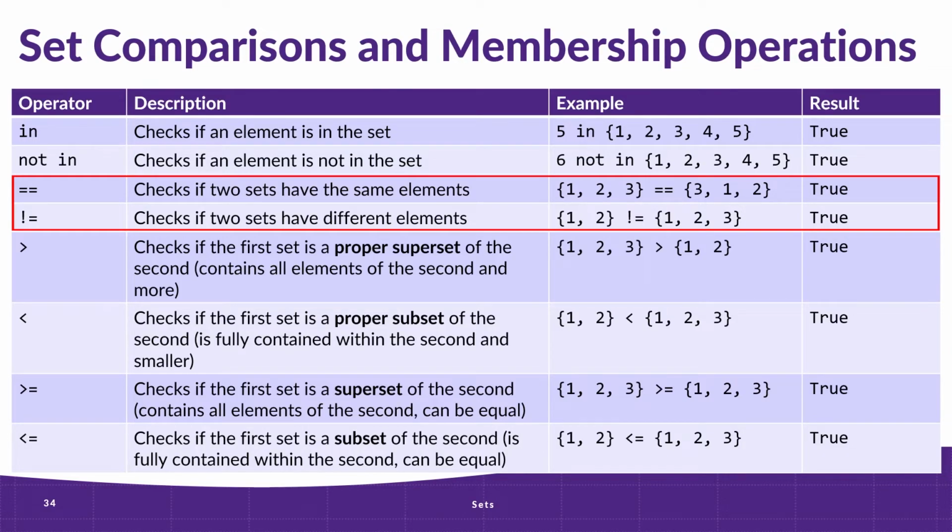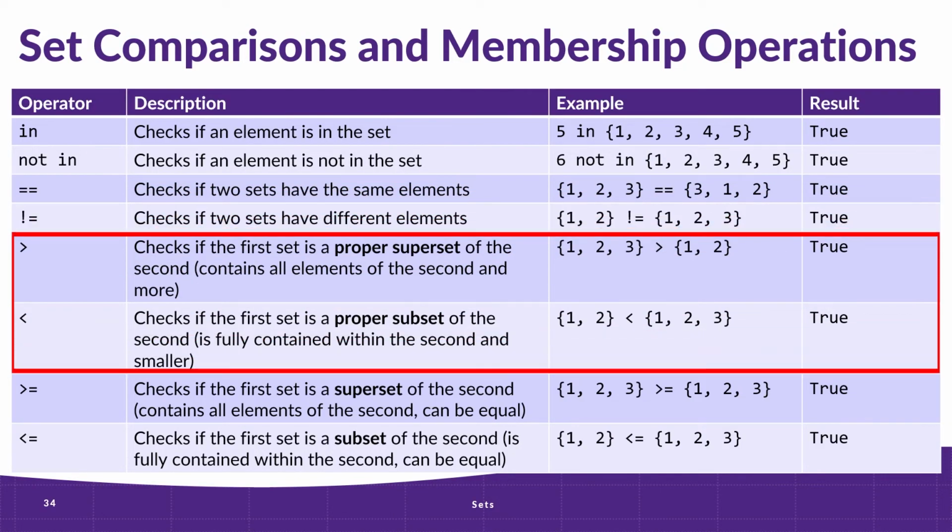For sets, since they're unordered, that's not the case. The elements can occur in any order, but they have to be exactly the same for them to be equal. There can't be one less or one more, and they have to have the same values. For not equals, it's the same idea, but it's if they're not equal, so they do not have the same elements.